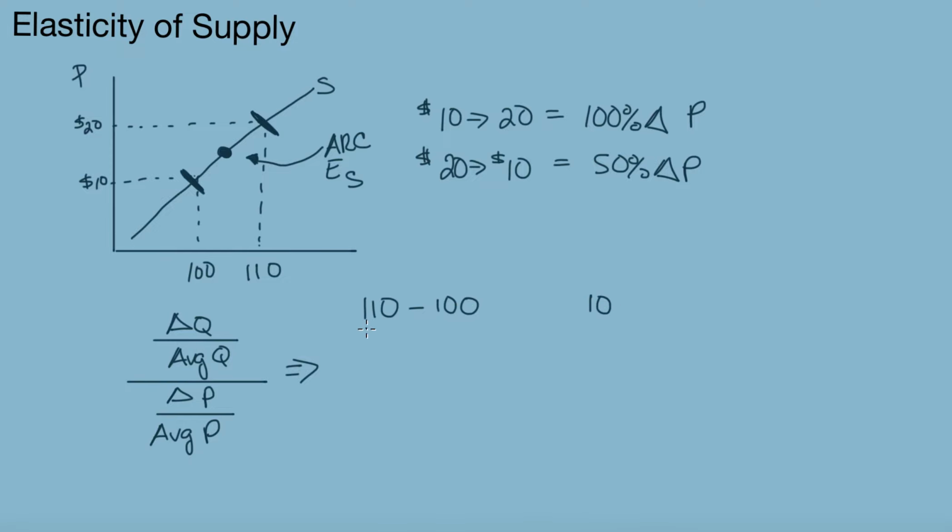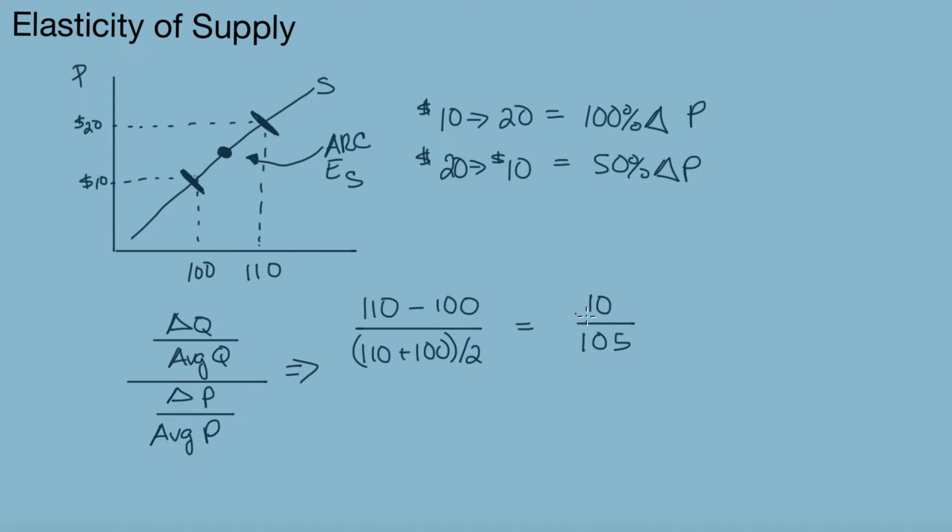We'll do this in a couple steps to make sure that I don't lose anybody. And then we need to find our average quantity. Well, we can all see what the average is. It's 105. But how do we find an average? Well, we simply add these two things together and then divide by 2. So we can see that it is actually 105.